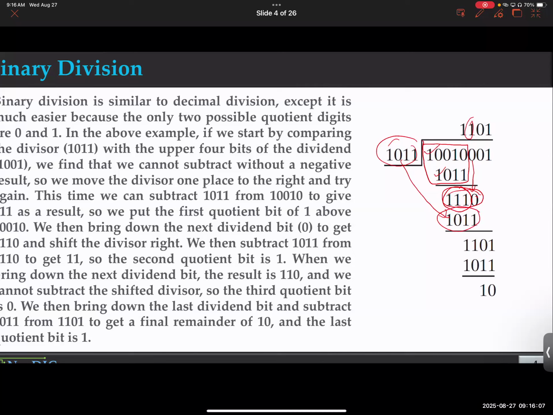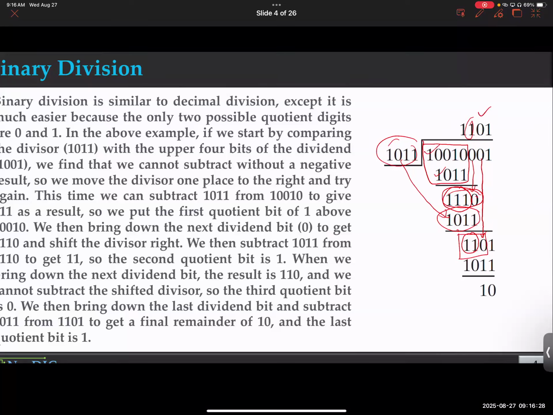Then you subtract out whatever you get, and now you bring the next digit automatically, so you end up getting 110, and you ask yourself, is it smaller or bigger than the one you're dividing with? In this case, it's smaller, so you put a 0 again.